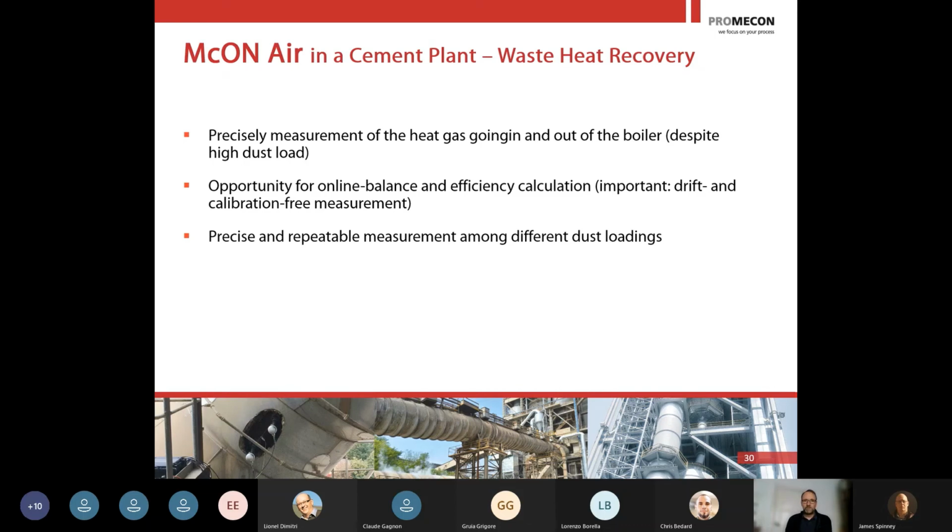You have the opportunity for an online balance and efficiency calculation, and you can calculate the enthalpy. One big advantage is that it is drift and calibration free, and you get a precise and repeatable measurement among different dust loadings. Of course, the dust load can vary in this area.